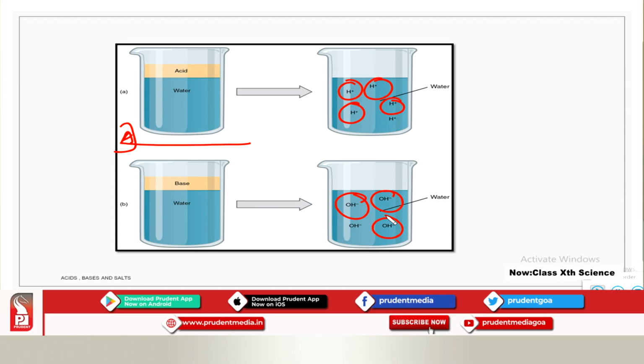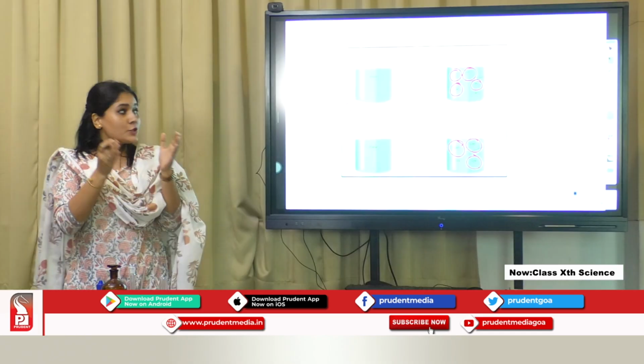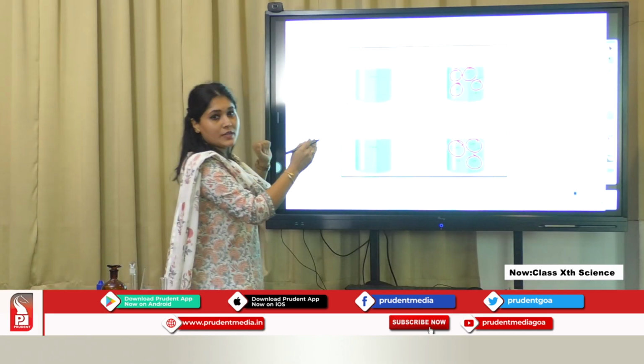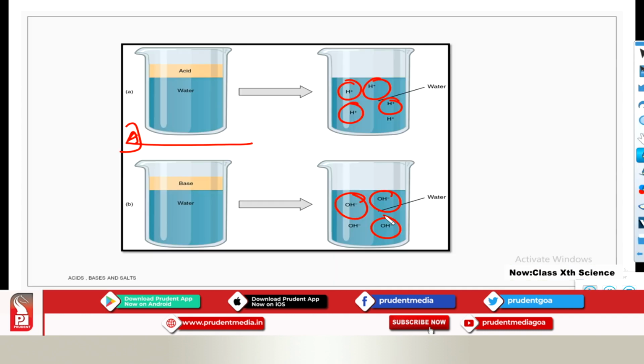Fine. Now, remember students, here it is being shown as H plus ions. But what exactly happens? When H plus ions dissolve in water, since H2O is the solvent that we are taking, it gets converted into hydronium ion. So, what is present in this beaker is not H plus ion, but the hydronium ion.